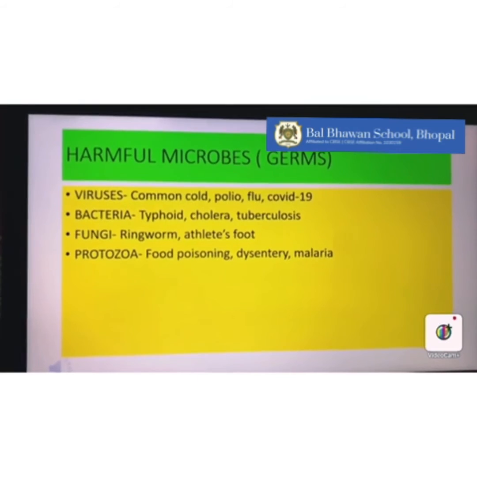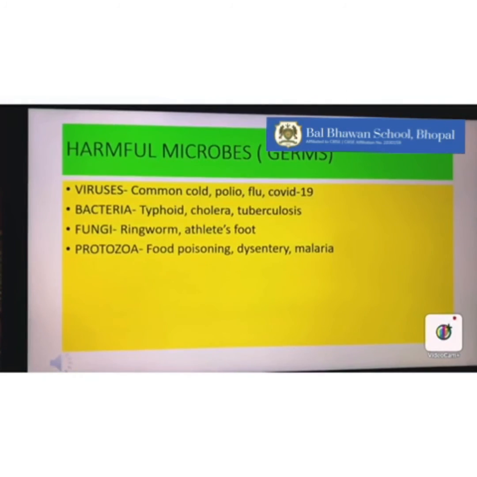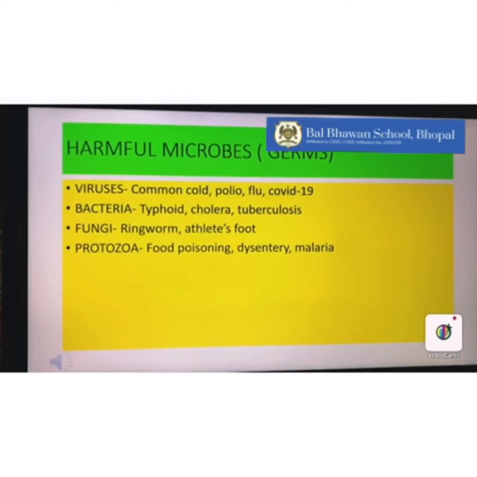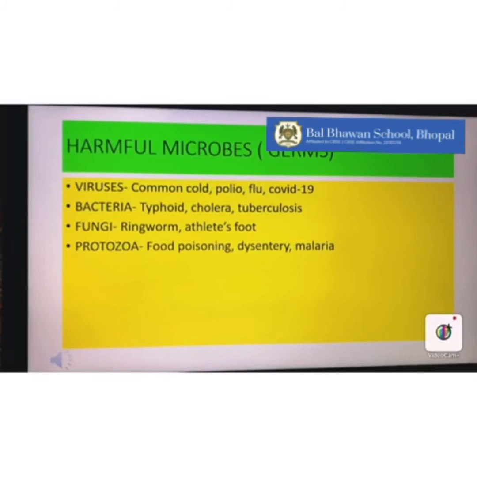Now, these germs may be of different types. Certain viruses, bacteria, fungi, protozoa, they cause diseases in us. They cause diseases in humans, they cause diseases in plants, and they even cause diseases in animals. The viruses which cause diseases in us cause diseases like common cold, influenza, polio, and even COVID-19.